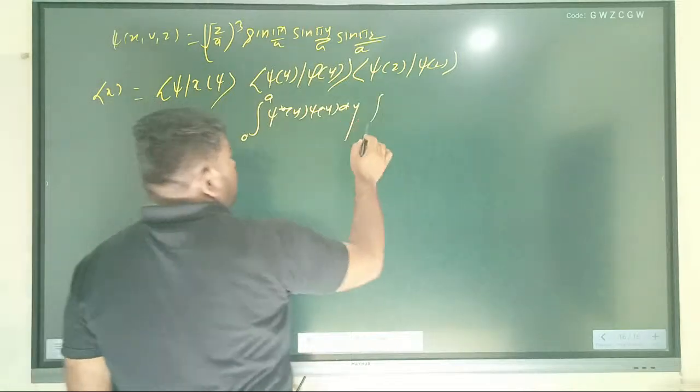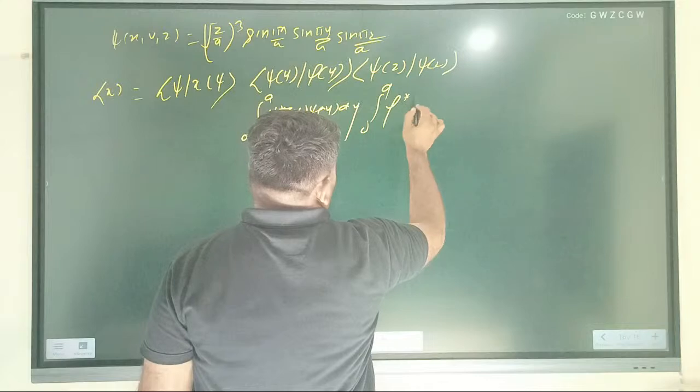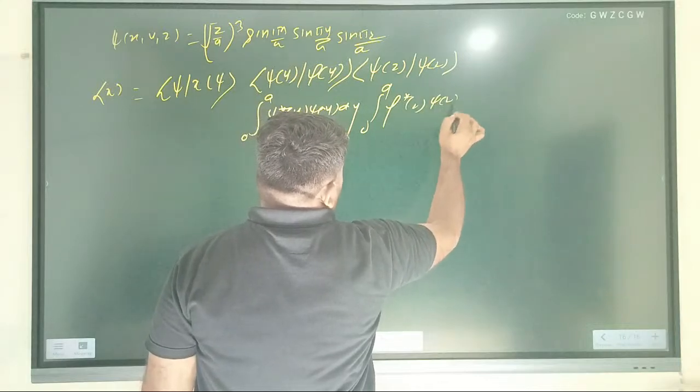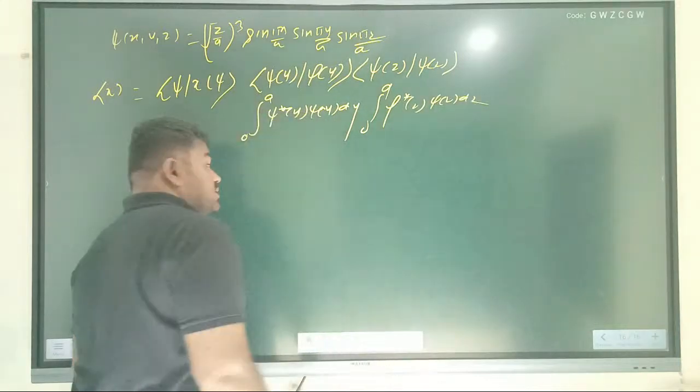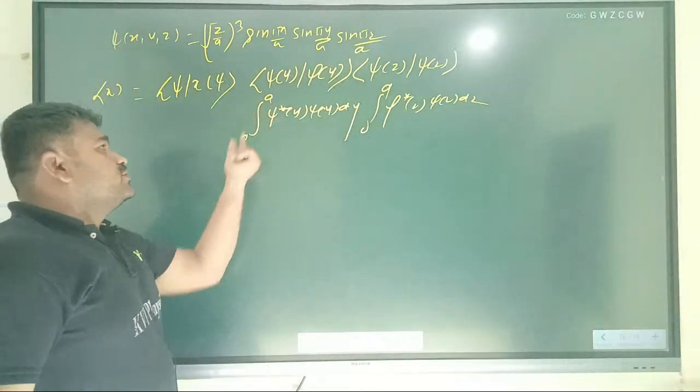Okay, similarly 0 to a psi star of z into psi of z into dz. Means this is nothing but probability. कौन से रीजन में probability? 0 to a रीजन में.